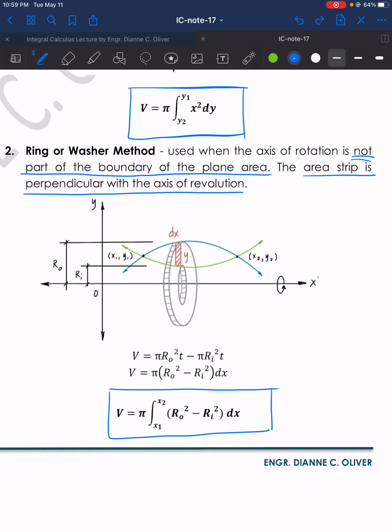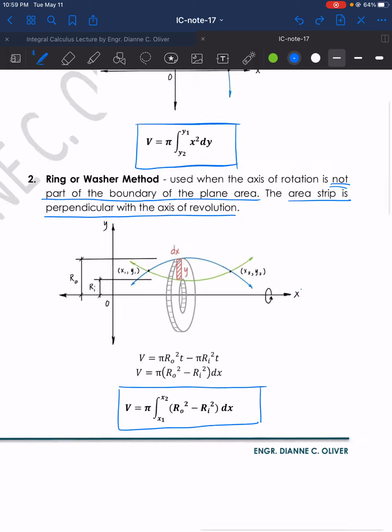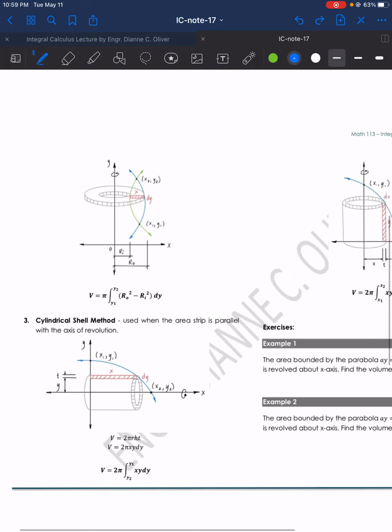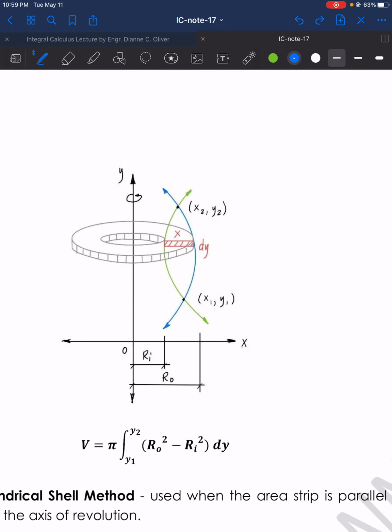Now how about if we take the y-axis as the axis of rotation? So we have the boundaries of two curves here, and then we have the area strip which is perpendicular to the axis of rotation.